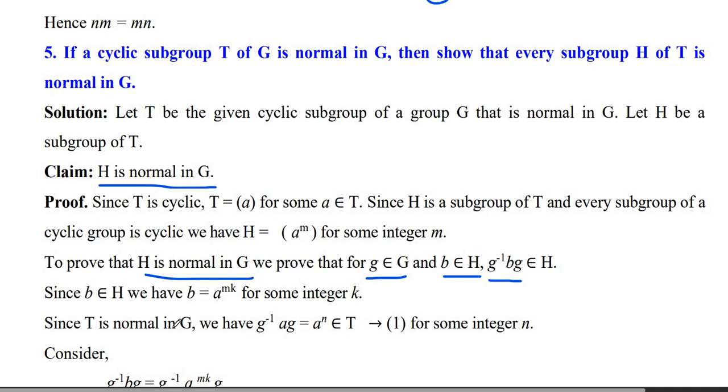Now since T is normal in G, g inverse a g being a member of T generated by a, we can write this entire element as a to the power n, and T is normal means this will be in T, so a to the power n is in T, for some integer n.